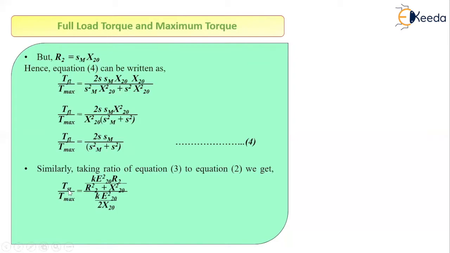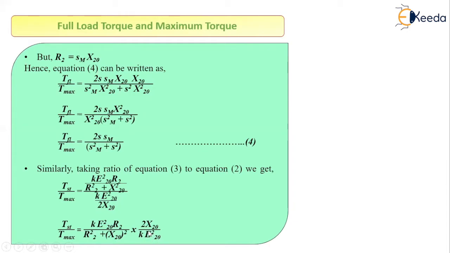So TST by Tmax, that is starting torque to maximum torque, becomes K E20 square R2 divided by R2 square plus X20 square divided by K E20 square divided by 2 X20. Again, let us rearrange the equation. So TST by Tmax is equal to K E20 square R2 divided by R2 square plus bracket X20 square multiplied by 2 X20 divided by K E20 square.